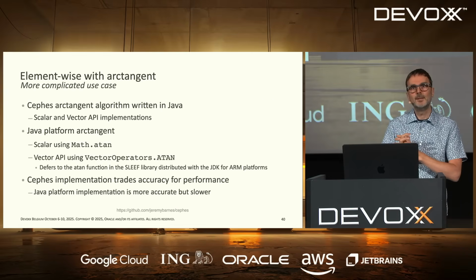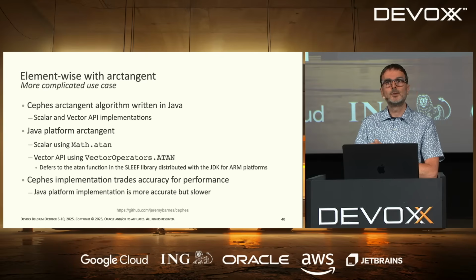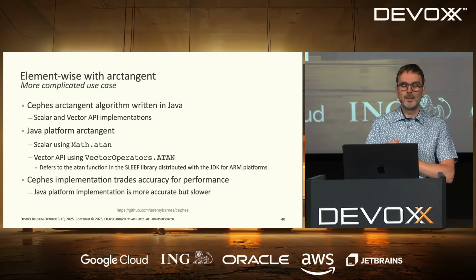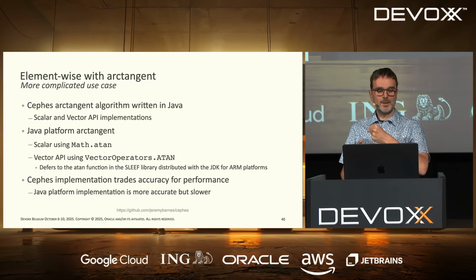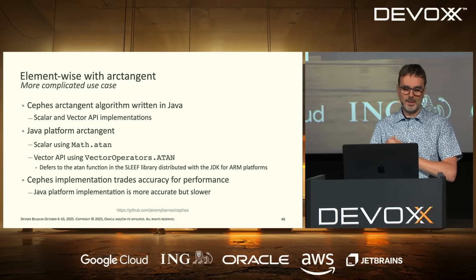There's a more complicated, perhaps more real-world case where we can show this using arctangent instead. There's an algorithm for arctangent in an old library called Cephes, written in C, and I converted it to Java for both scalar and vector API implementations.